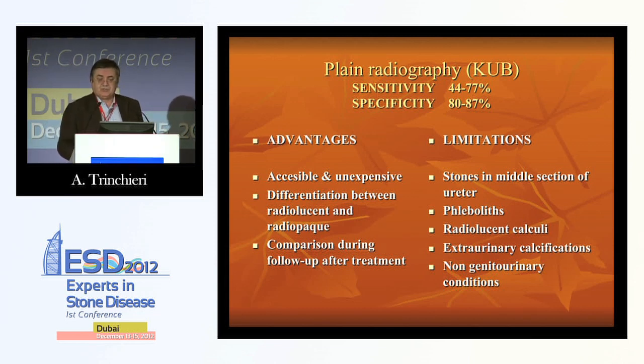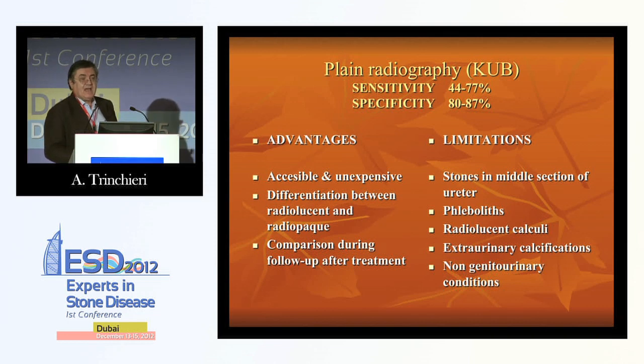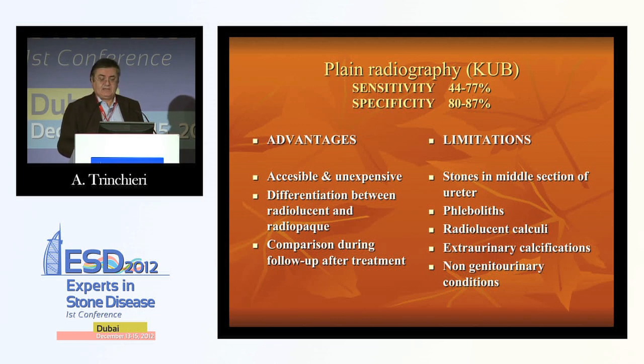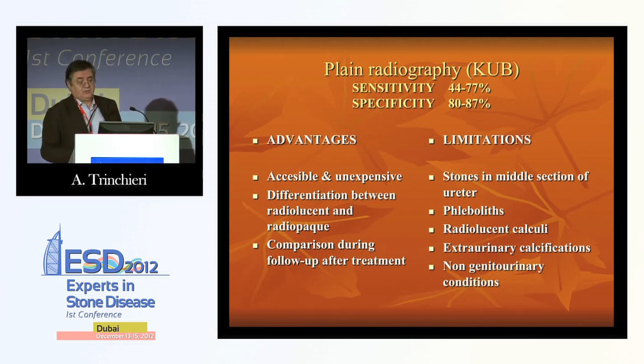The possible use of plain X-ray can be the differentiation between radiolucent and radiopaque stones. And when you were able to demonstrate a stone the first time, it can be useful for comparison during follow-up. And so we will discuss that after.